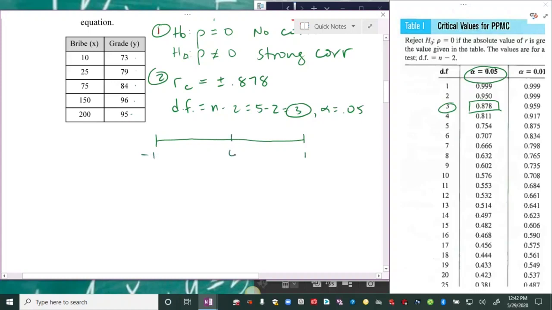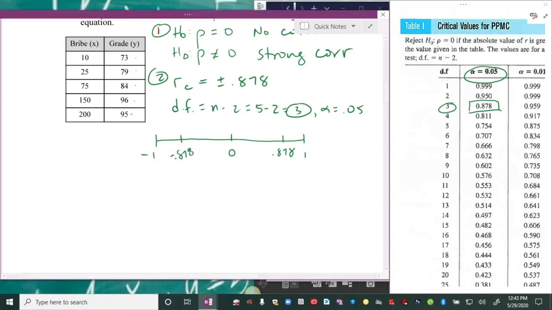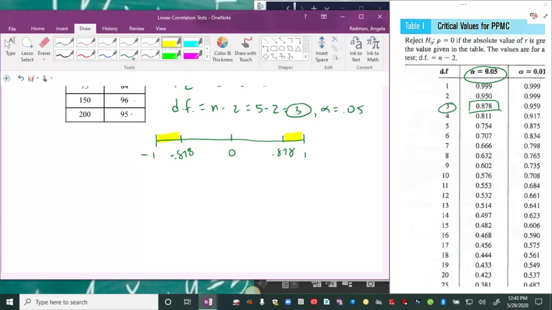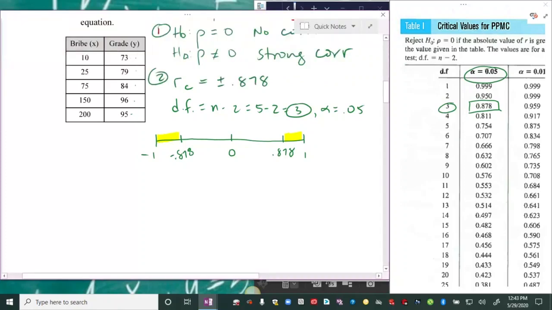These are my values of r, with 0 in the middle where we have no correlation. We've just determined what makes a strong correlation. I have to have an r value either bigger than 0.878 or smaller than -0.878. Let's highlight those rejection regions, one here and one here. So I have to be more than 0.878 away from 0.